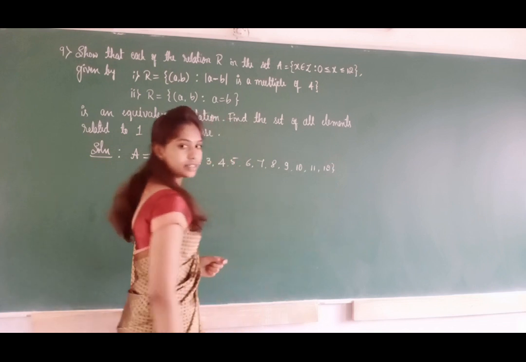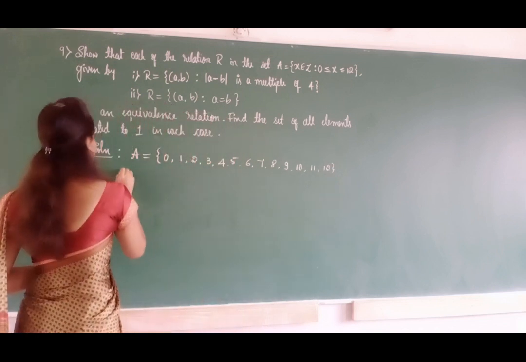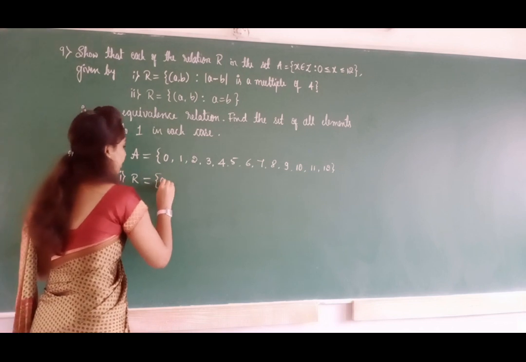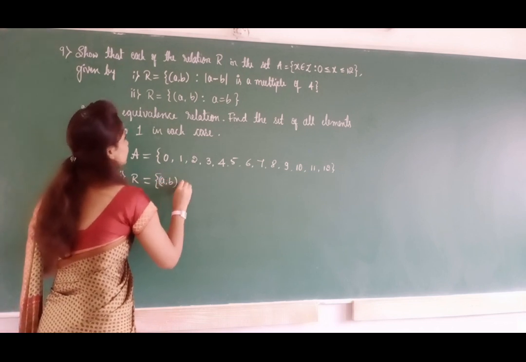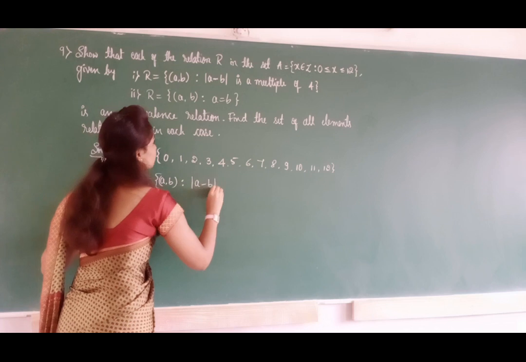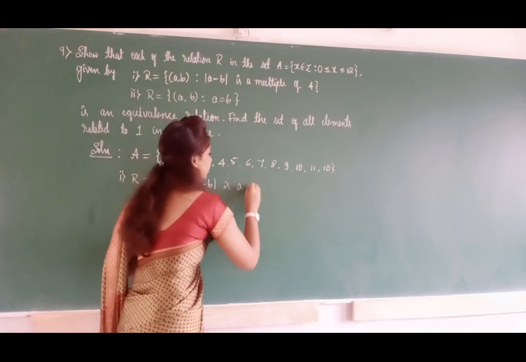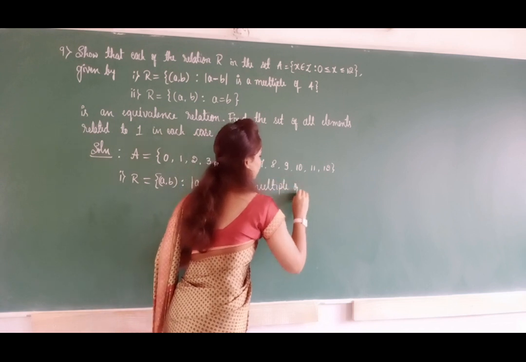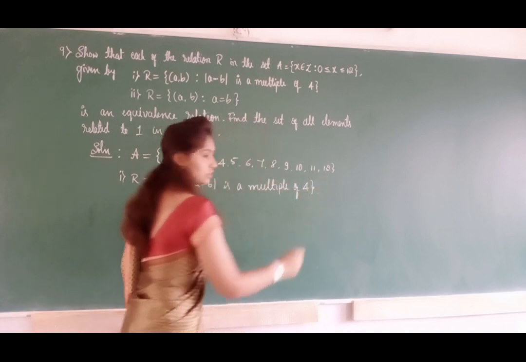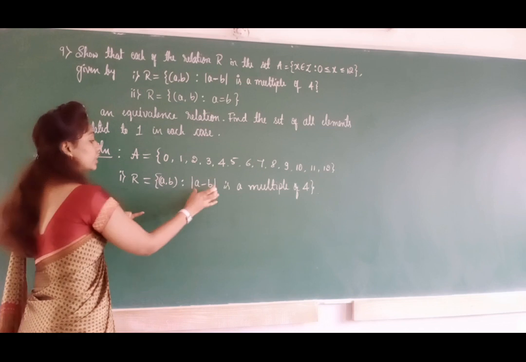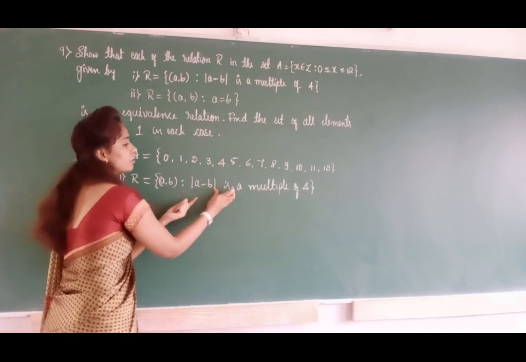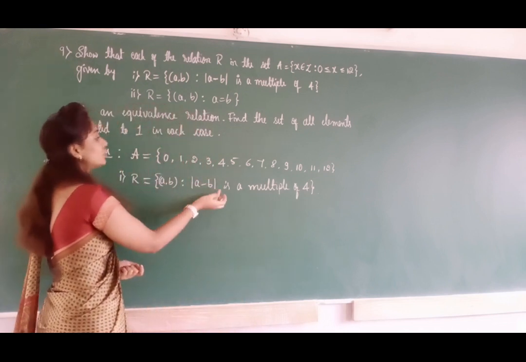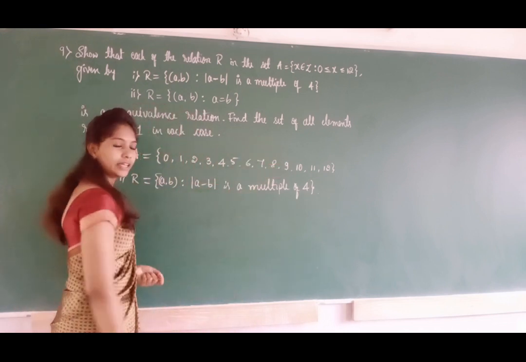This is our set A. And for the first question, R is equal to the set of all ordered pairs A, B such that the modulus of A minus B is a multiple of 4. Okay, this is the given relation. Where A and B are any two elements belonging to the set A.